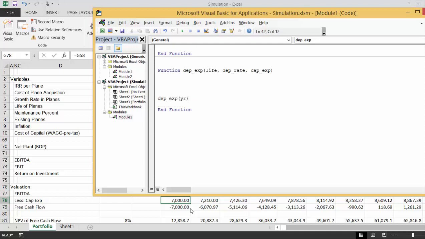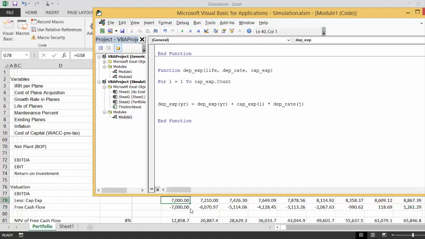Year plus capex, and then we'll put that times the rate. And here's why I did this. Okay, we do for I equal 1 to capex.